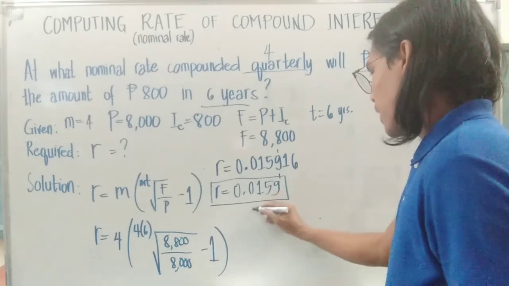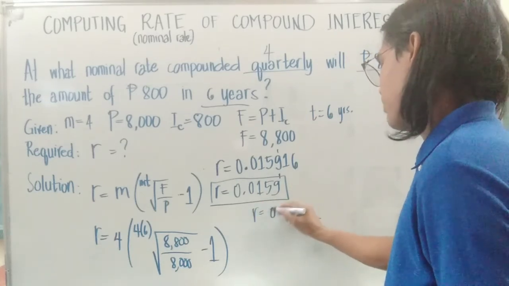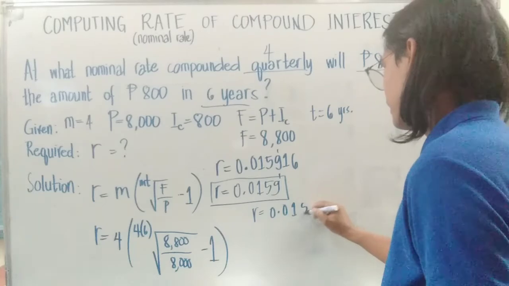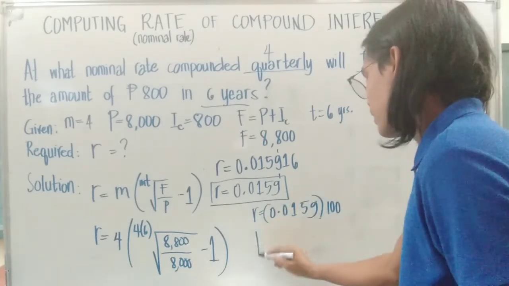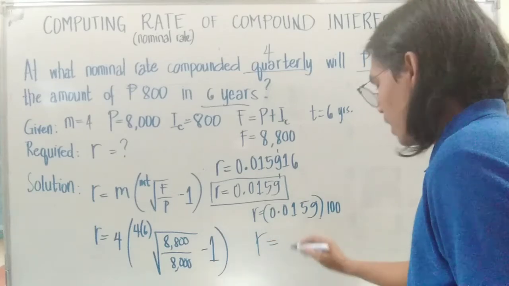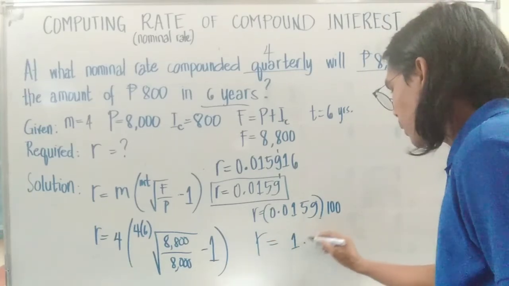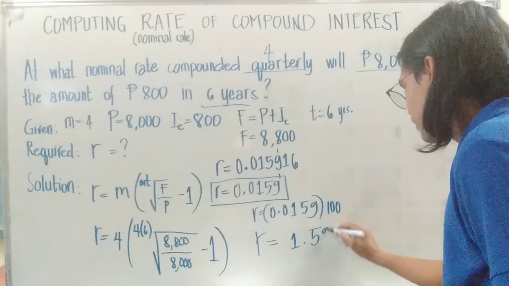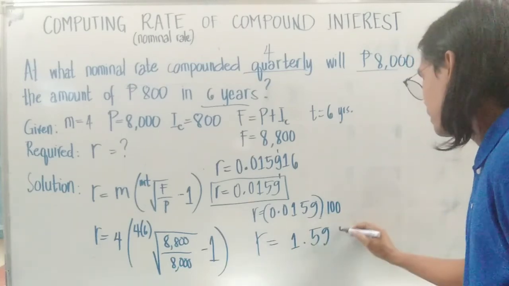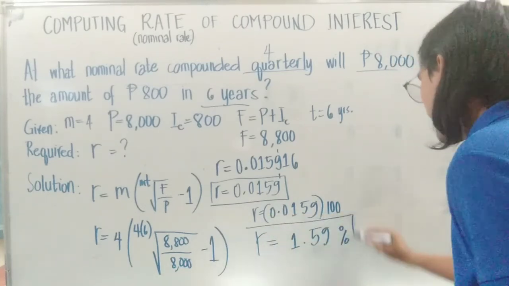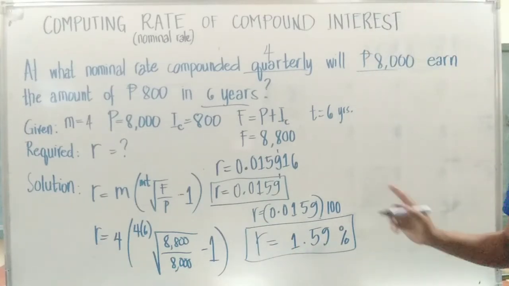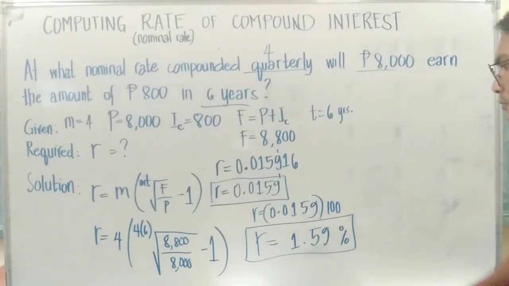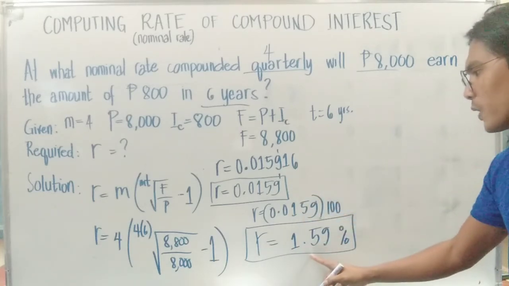Okay, if we multiply r by 100, so let's multiply it by 100 to get the percentage form of 1.59%. So again, we are writing your rate in decimal and percentage form.